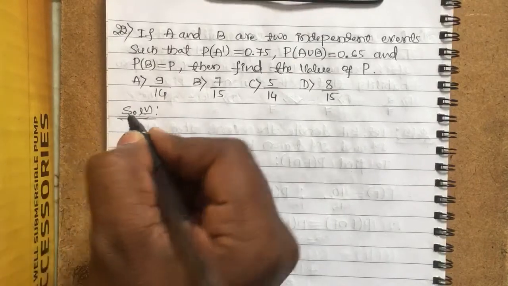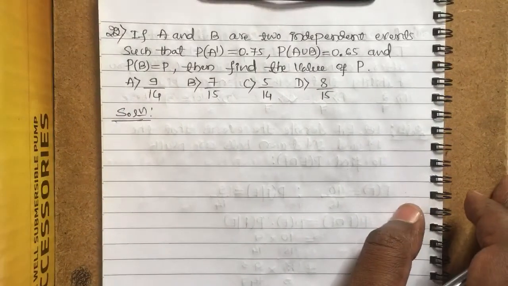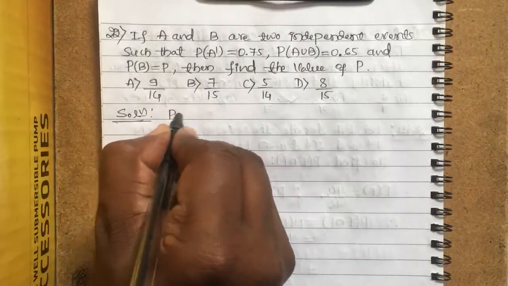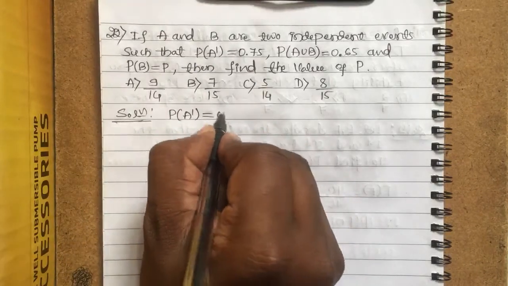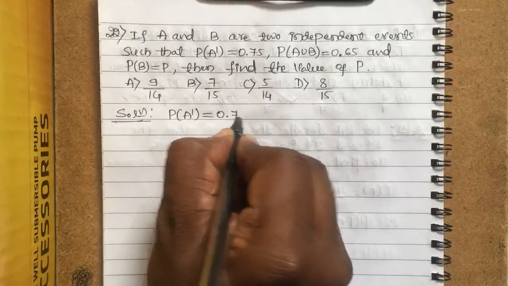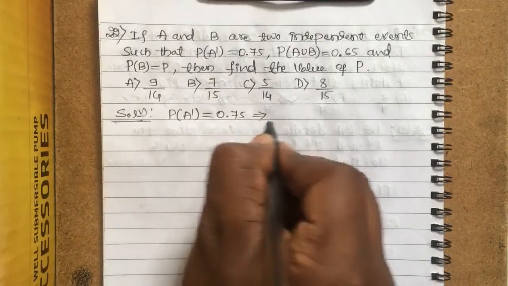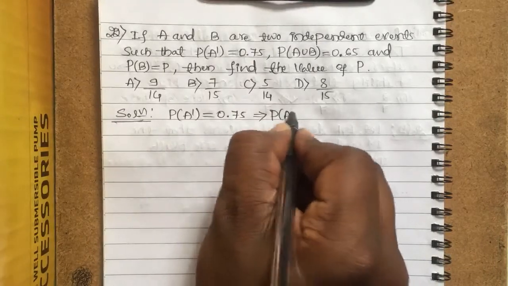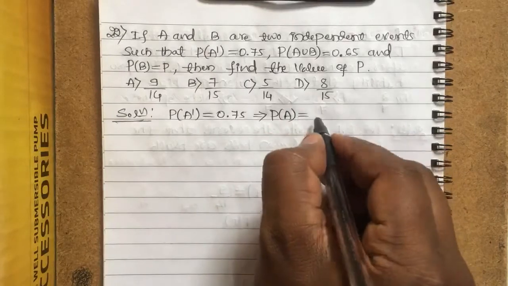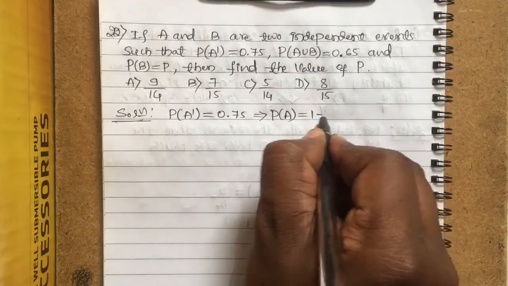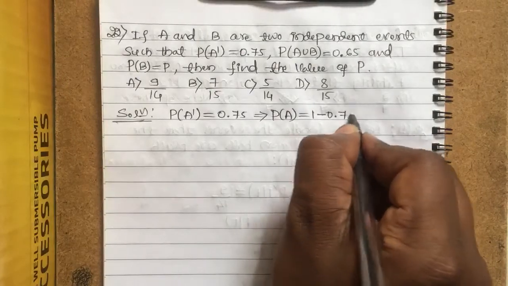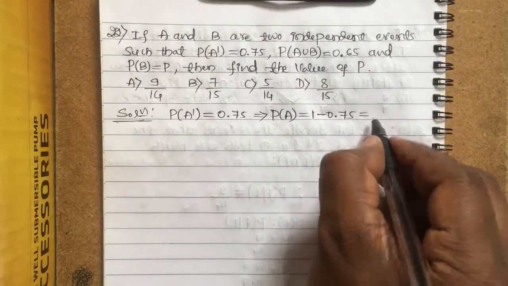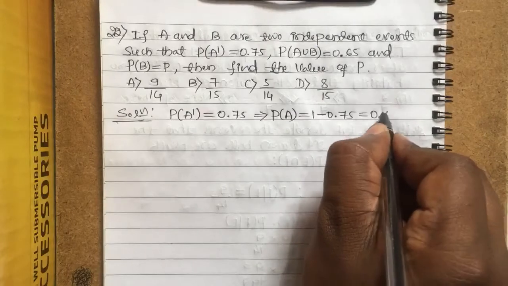So here he has given P of A dash, which is equal to 0.75. So from this P of A will be 1 minus P of A dash, that is 1 minus 0.75, which is equal to 0.25.